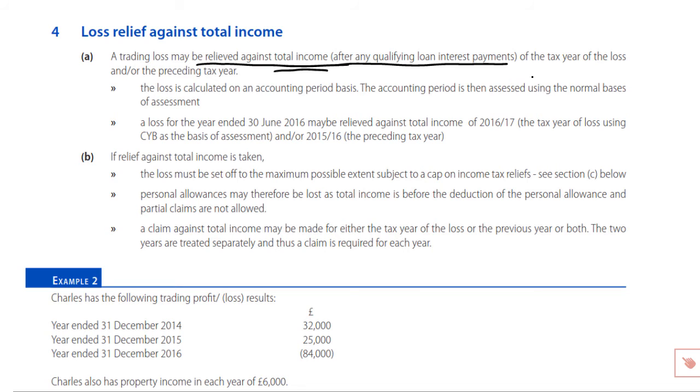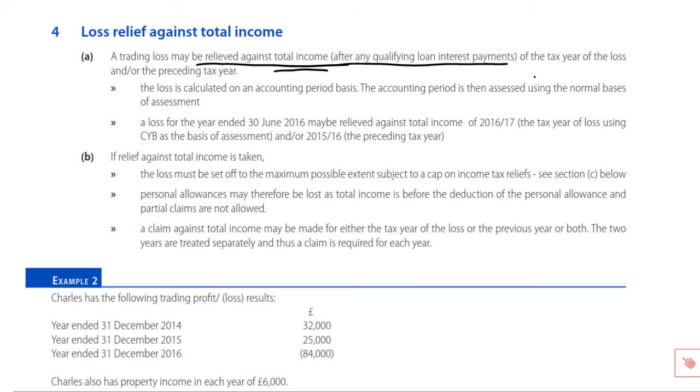Now, I haven't reminded you as yet, but I hope that you remember back in our very first lecture on Chapter 2, we showed the pro forma income tax computation. It wouldn't be a bad idea if you just go back to the first page of the course notes on Chapter 2 and look at what we showed on that pro forma computation. We showed how we got total income, and we also showed where the two main loss reliefs would apply.